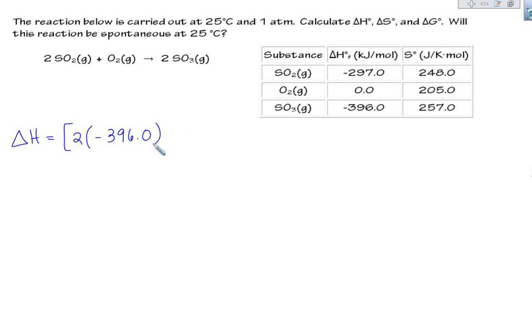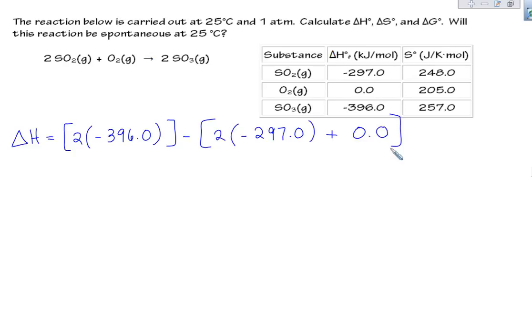That's my only product. Awesome. Minus reactants, 2 times the sulfur dioxide, negative 297.0. And then technically I should add the oxygen. But actually, how nice here, they give it to us, 0.0. Sometimes they may not do that.